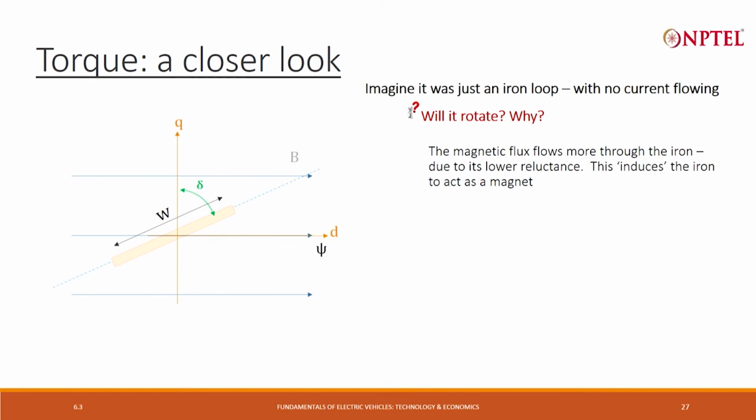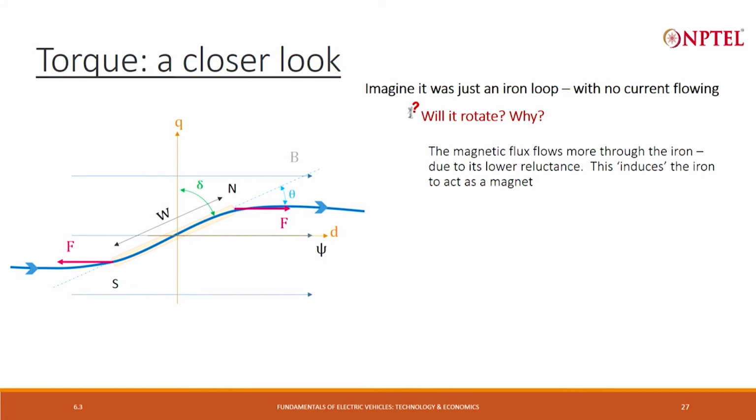For example, if there is a stream of water and in between I offer it a path which has very low resistance, then more water will flow through that path than through the other path that is available. Same way, the magnetic lines will preferentially flow through the steel than through the air, because air offers high reluctance. So, more magnetic lines will flow through the steel, as a result of which the steel has got magnetized.